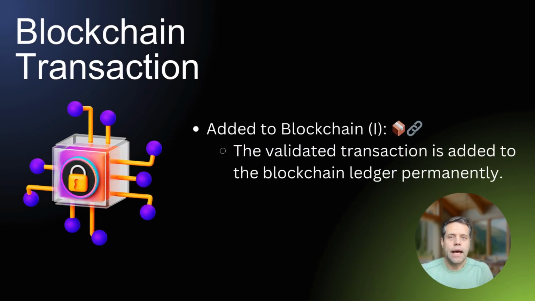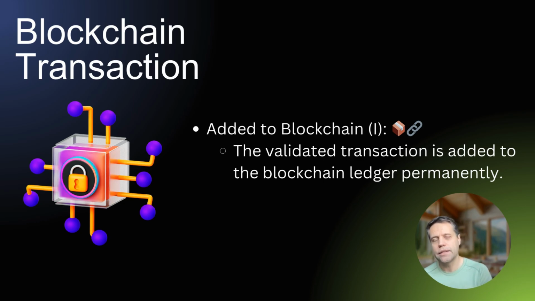All right. So, at the last step, once the transaction has been validated and included in the block by miners, if it's proof of work, or validators, if it's proof of stake, then the block appears on a blockchain ledger, a public ledger.